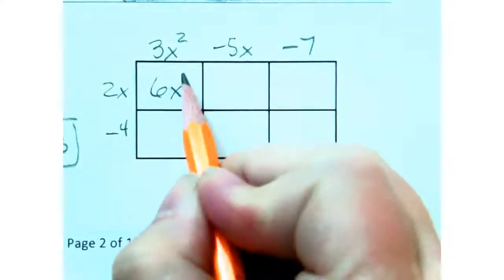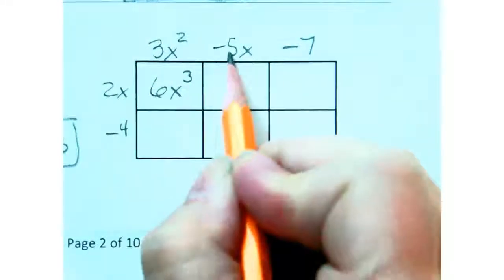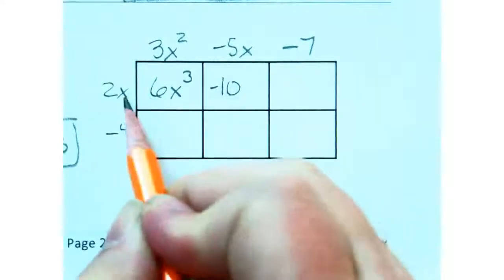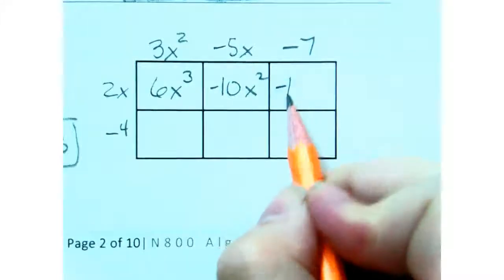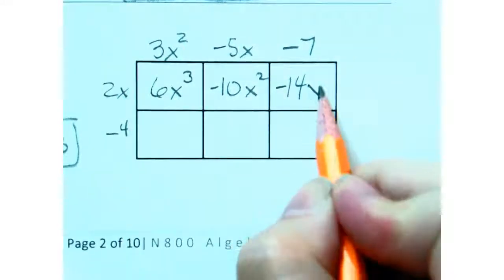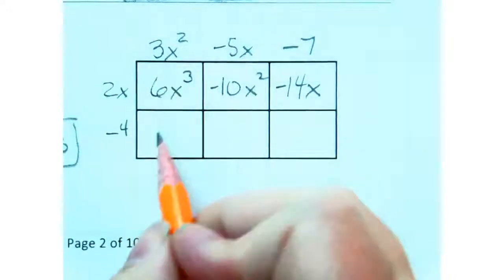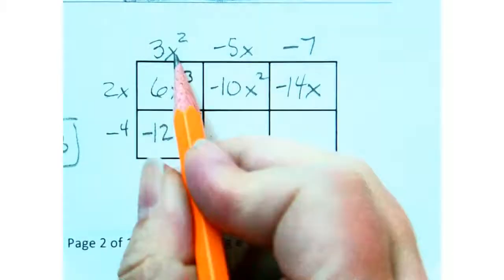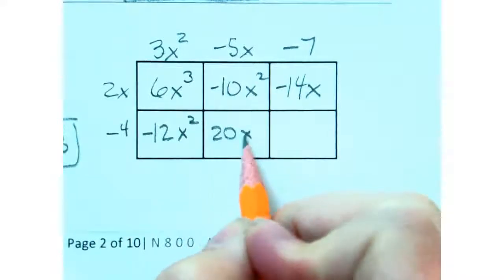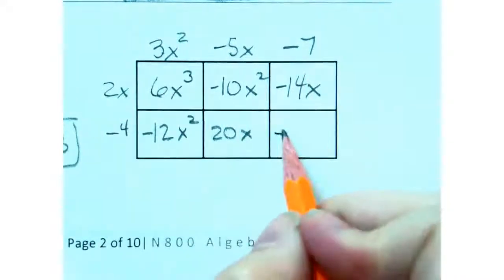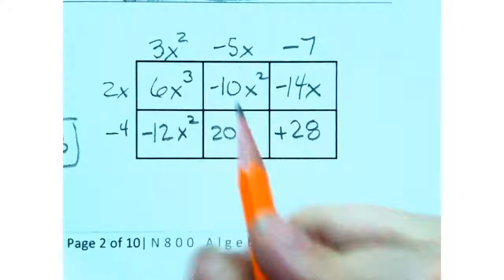X times x squared is x cubed. 2 times negative 5 is negative 10. X times x is x squared. 2 times negative 7 is negative 14 times x. Negative times positive is negative 12x squared. Negative times negative is positive 20x. Negative times negative is positive 28.